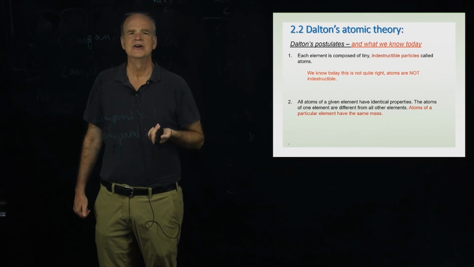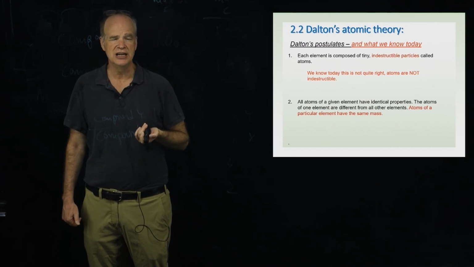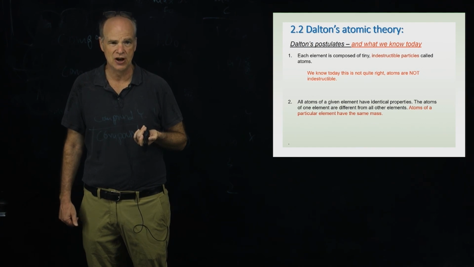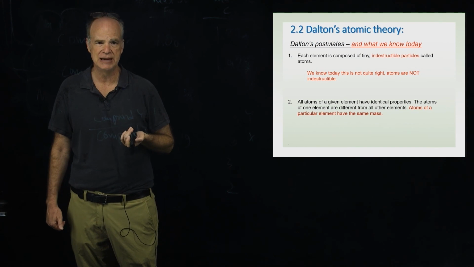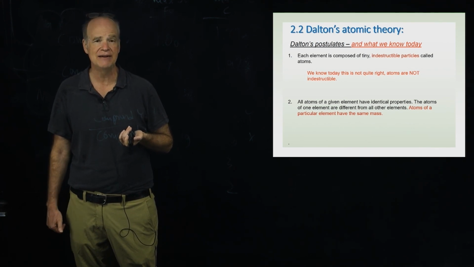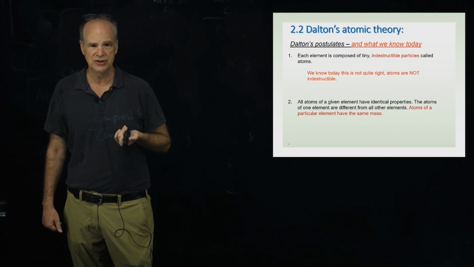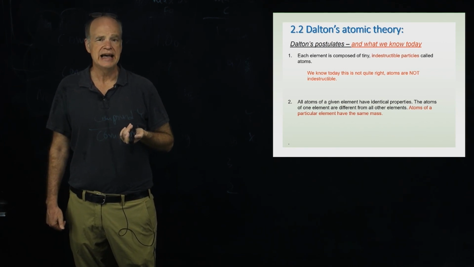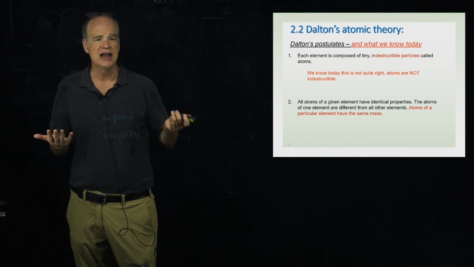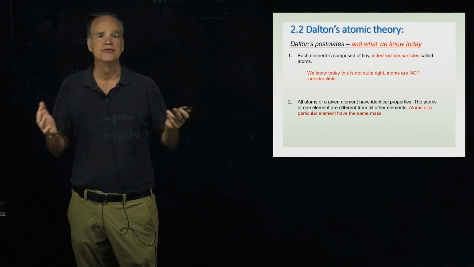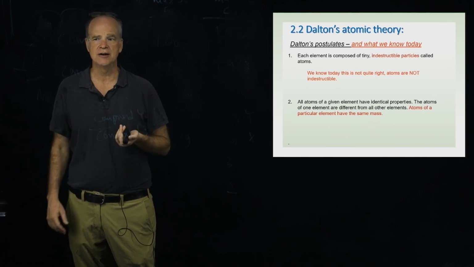What he found was that if you're looking at a particular element and you're looking at the atoms of that particular element, it is true that all atoms of that element have the same properties. However, they can have different masses. And so if one of the atoms has a particular mass, the other atom has a different mass, those atoms of that element are called isotopes, and we'll talk about that later.